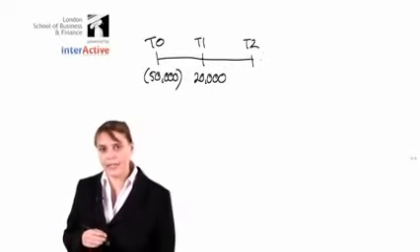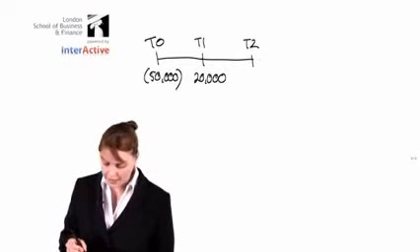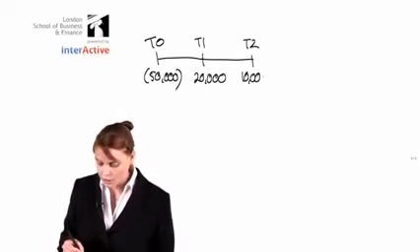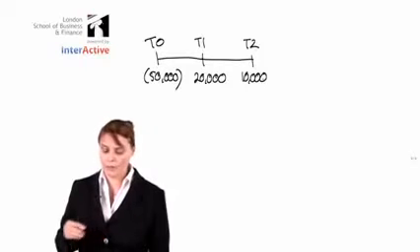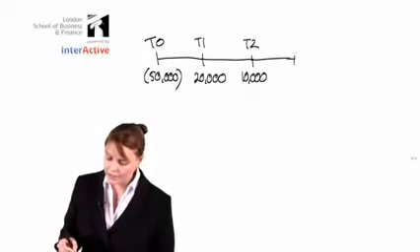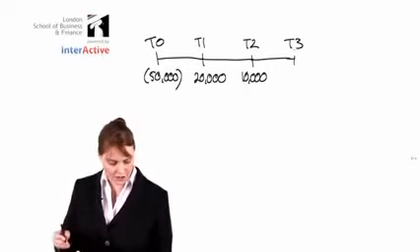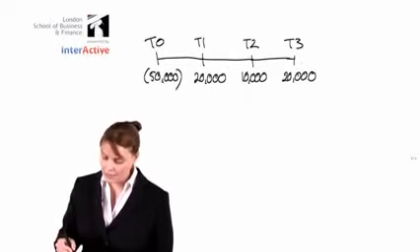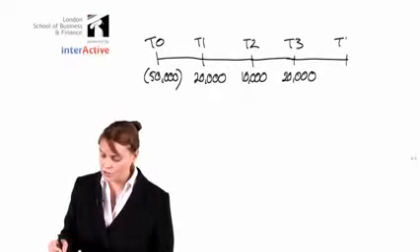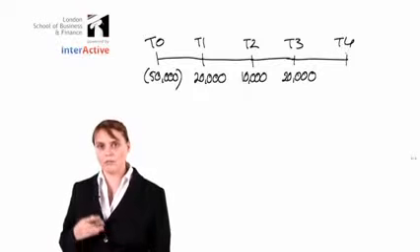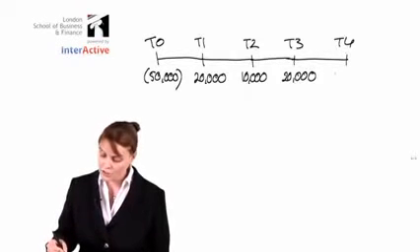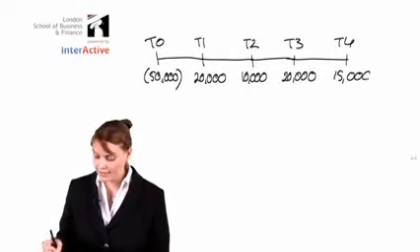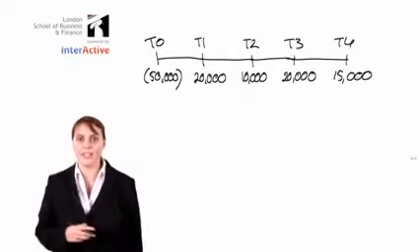At the end of another year, so T2, we're going to have a cash inflow of 10,000. The end of another year, T3, will have a cash inflow of 20,000. And at the end of another year, this brings us to 2014, the end of the year, T4, we'll have a cash inflow of 15,000.